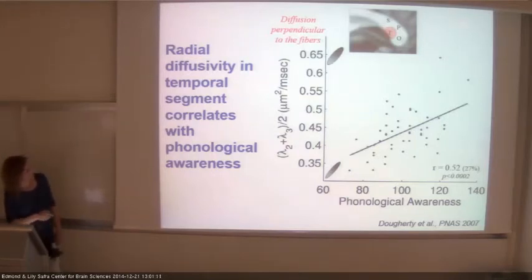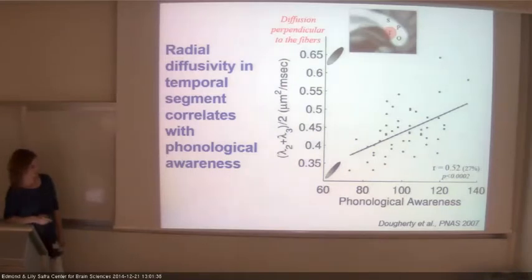And when we look at all these segments, the occipital segment, posterior parietal, superior parietal, or temporal fibers, we find that only in the temporal fibers there is a significant correlation between behavioral measurements of phonological awareness and the radial diffusivity within that segment.